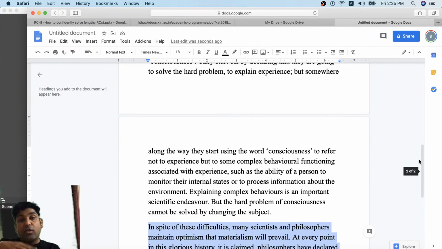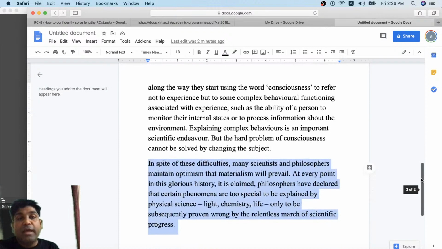But somewhere along the way, they start using the word consciousness not for the experience, but for some complex behavioral functioning associated with it, such as the ability of a person to monitor their internal states or to process information. Complex behavior is an important scientific endeavor, but the hard problem of consciousness cannot be solved by changing the subject.